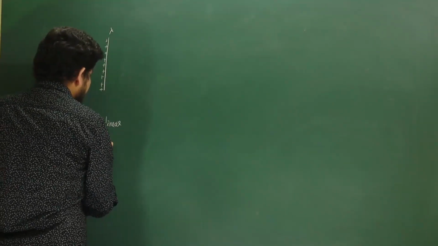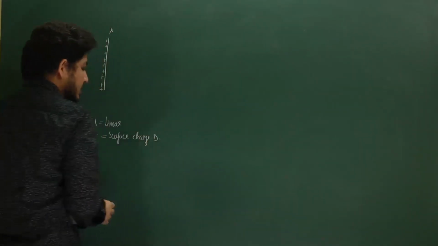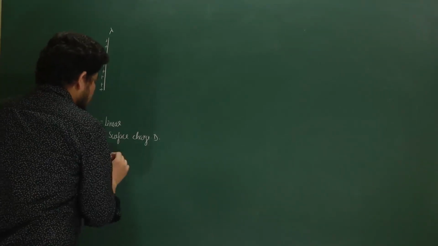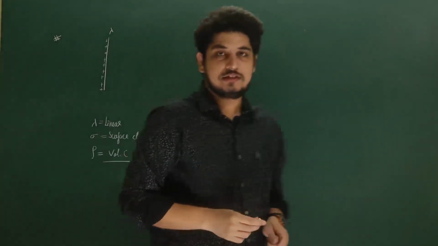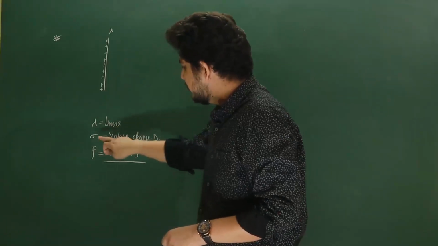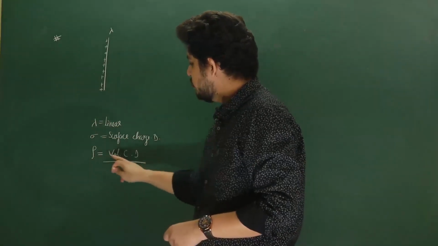The second is sigma, which is surface area charge density. And rho, which is volumetric charge density.